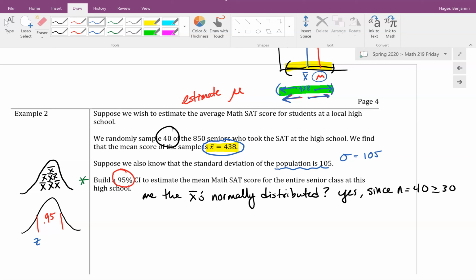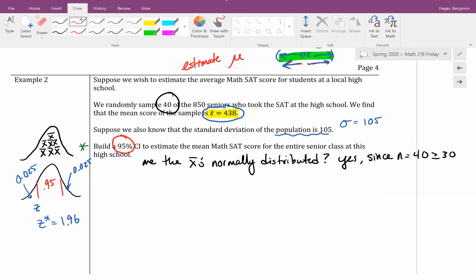You can calculate that if this is 95%, then together these are 5%, so they're each 2.5%. And you can consult the z-table, or you can consult StatCrunch to figure out that critical z-score, or 95% is a popular one. You could just learn and read on the table on the previous page that z-score is 1.96.